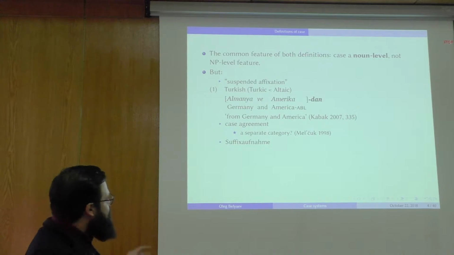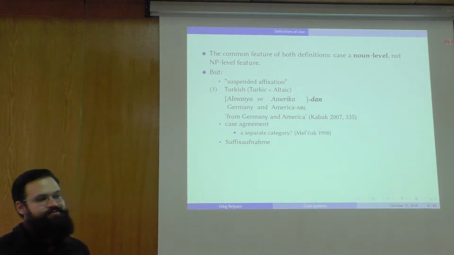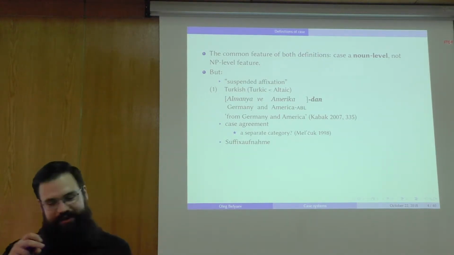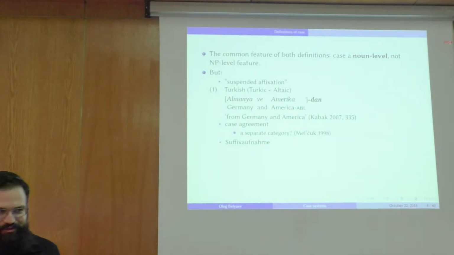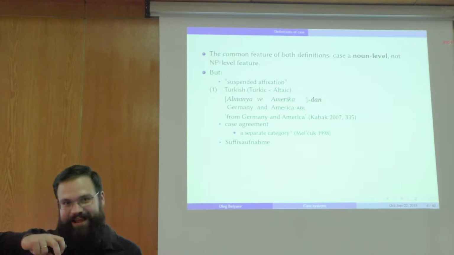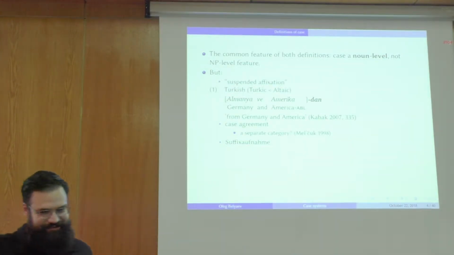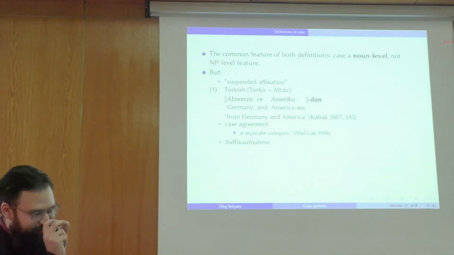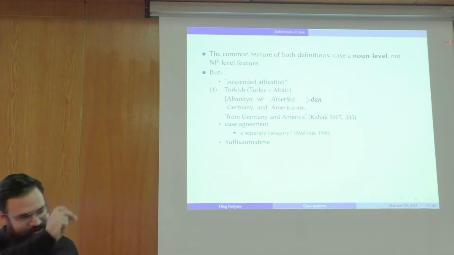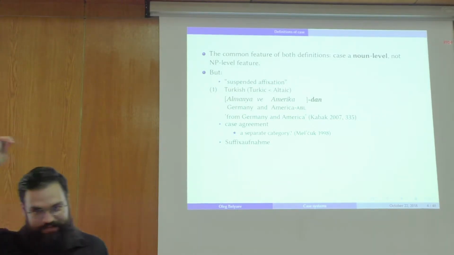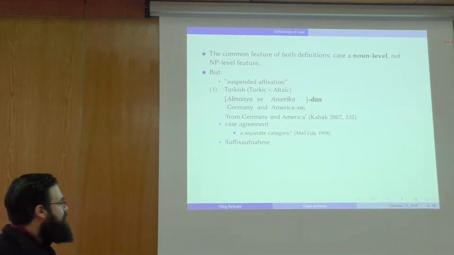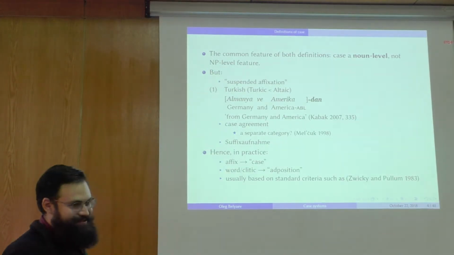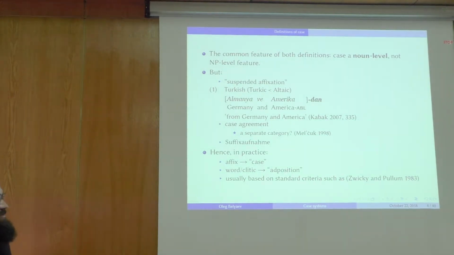Then of course we have various categories like Suffixaufnahme in Australian languages and in other areas where you have cases stacking atop other cases and marking the distribution of the whole phrase in which this element appears, which again does not mean that it marks the dependence of this element to some head, but it marks actually the case status, the dependency of the group in which this element appears. Again, this is a bit iffy if we're talking about case as a morphological category.